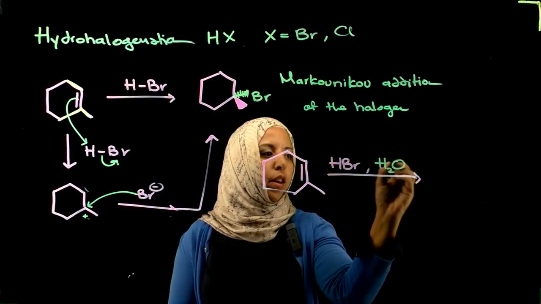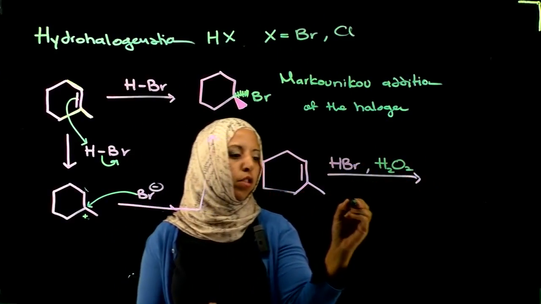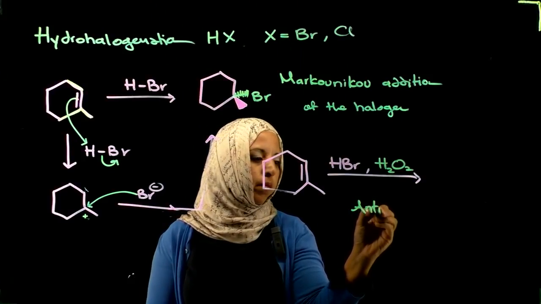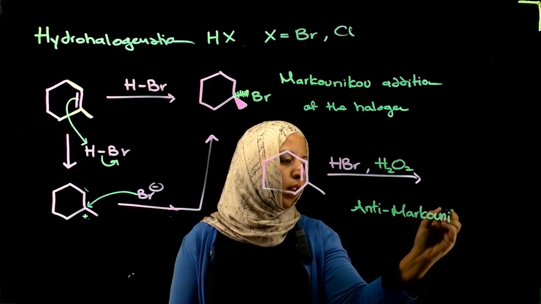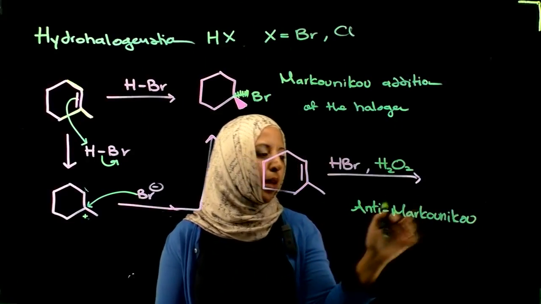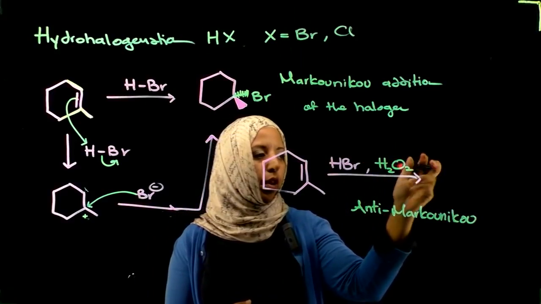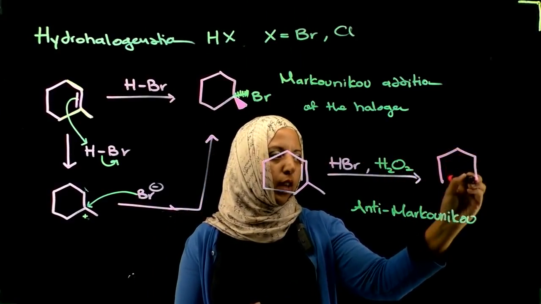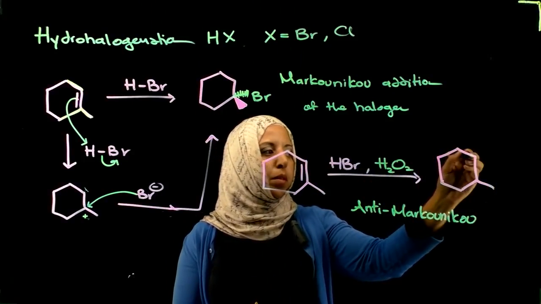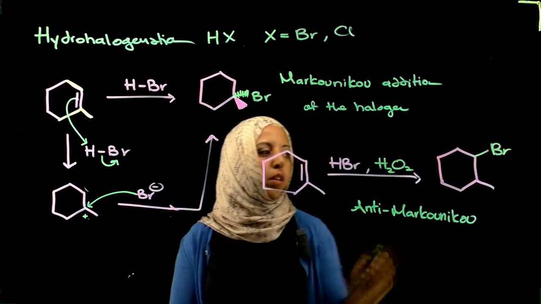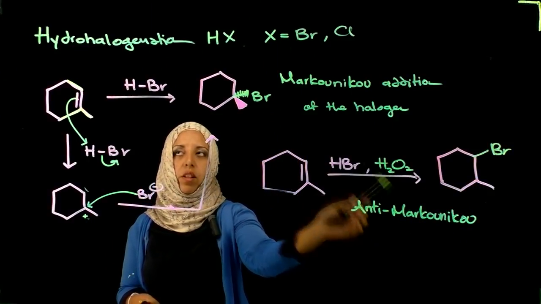It goes through a different mechanism, but the result is an anti-Markovnikov addition, right? You go through a radical mechanism, anti-Markovnikov addition, where the halogen now, in the presence of a peroxide, the simplest is hydrogen peroxide, adds to the less substituted position of the carbon-carbon double bond, and we call that an anti-Markovnikov addition.